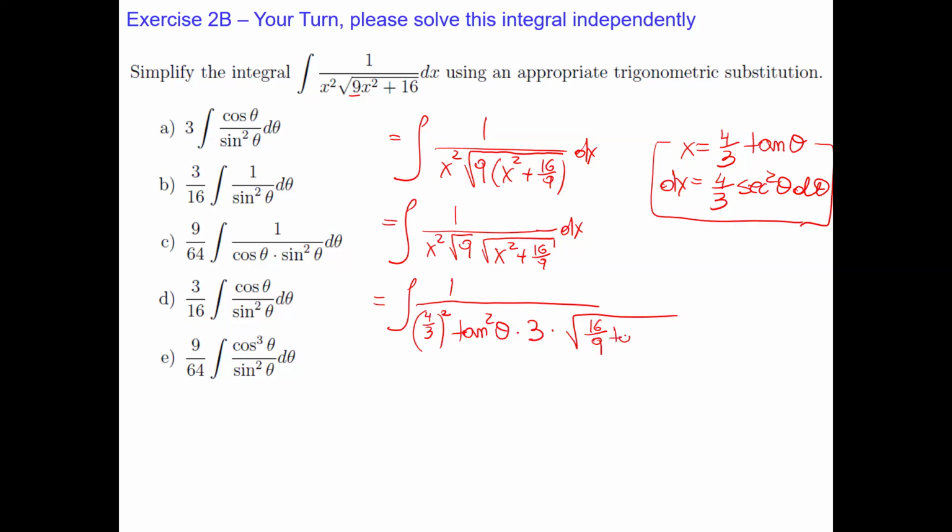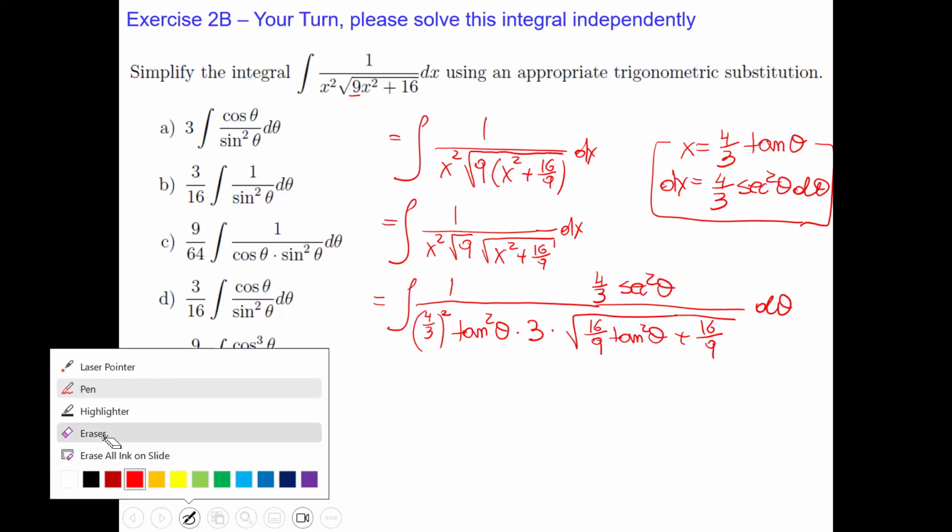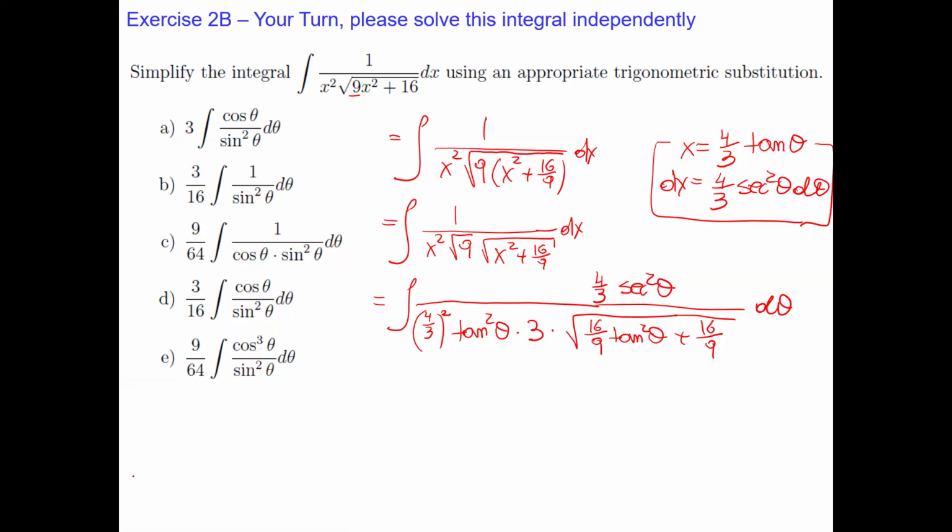And dx is 4/3 secant squared theta d theta. I almost forgot dx, which actually is a common mistake, but no, I didn't. Okay, that's what we can do.